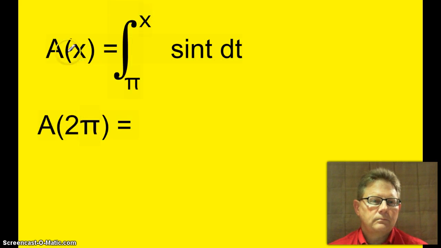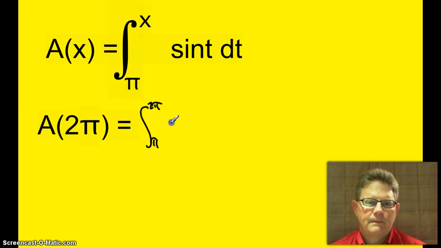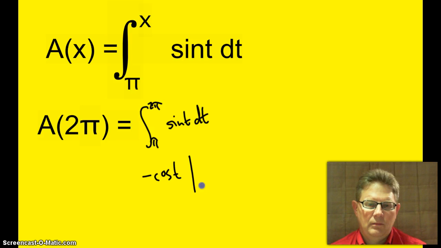Alright. A of x equals the integral from pi to x of sine t dt. What is a of 2 pi? Well, that would be the integral from pi to 2 pi of sine t dt. What is the antiderivative of sine t? That's right, it's a negative cosine t evaluated at pi and 2 pi.